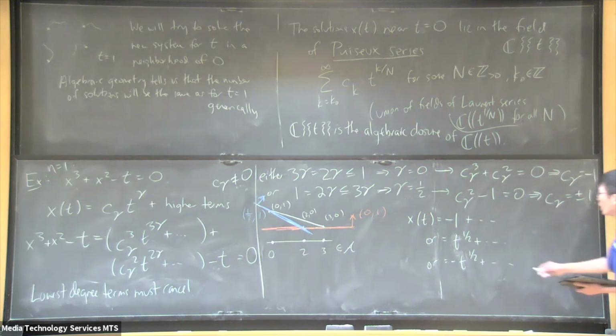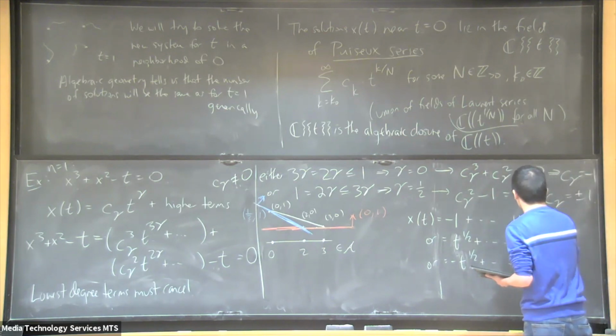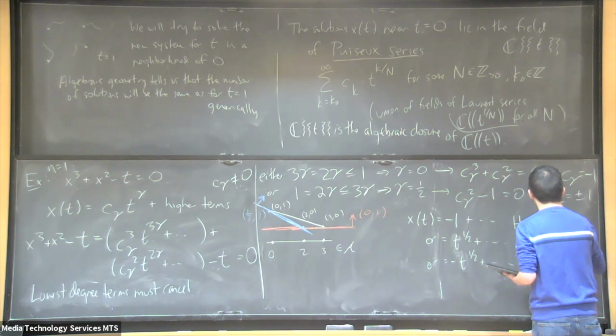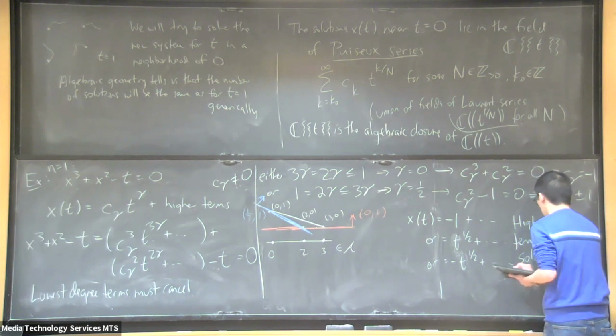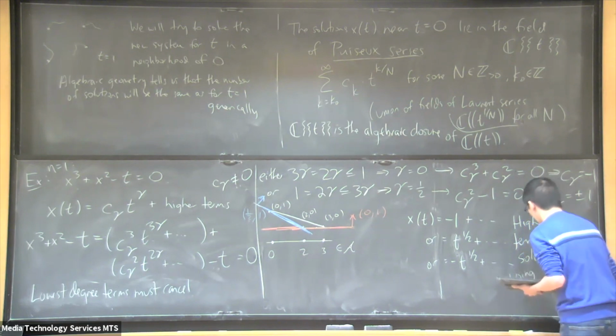And then the question is, what are the higher terms going to be? The claim is that you can basically just solve for what the higher terms are going to be, essentially using a version of Newton's method. So higher degree terms can be solved for using essentially Newton's method.